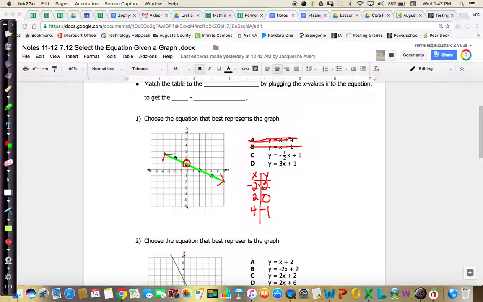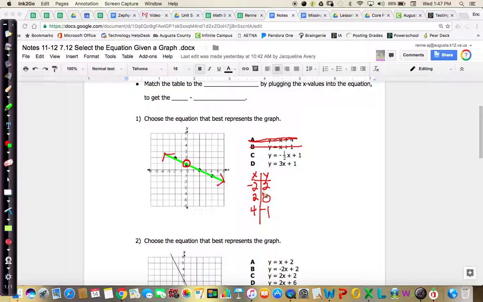So what is half of -2? Half of -2 is -1, but remember we're multiplying it by a negative, so a negative times a negative is a positive. So I get +1, and 1 plus 1 is 2, so it works.